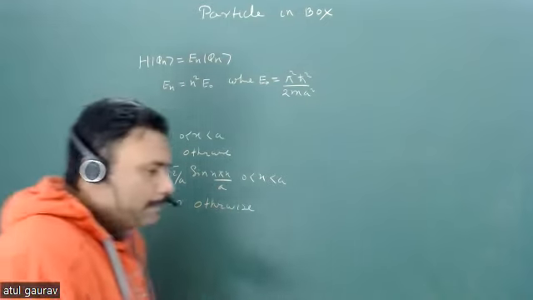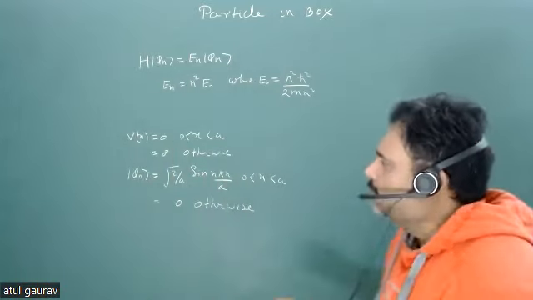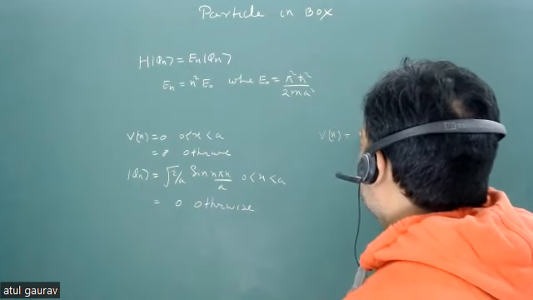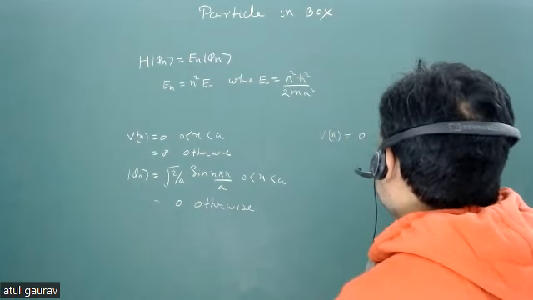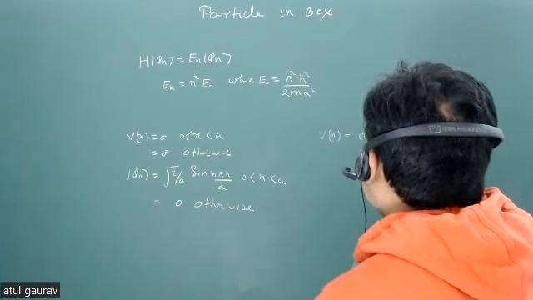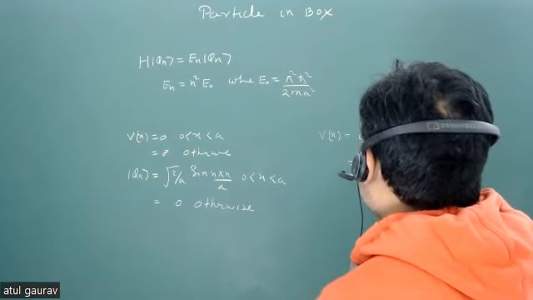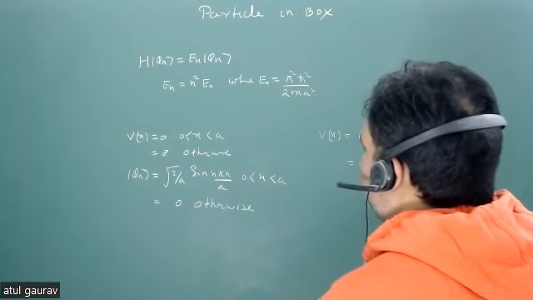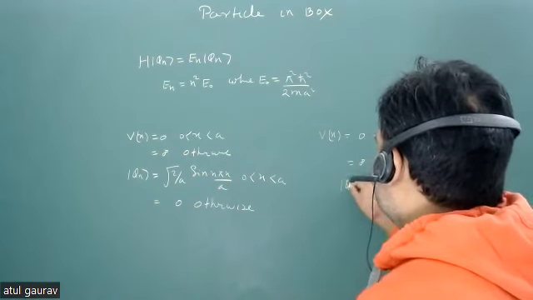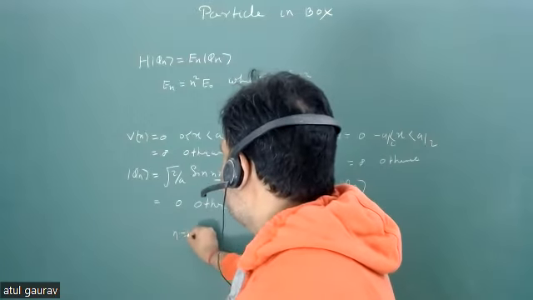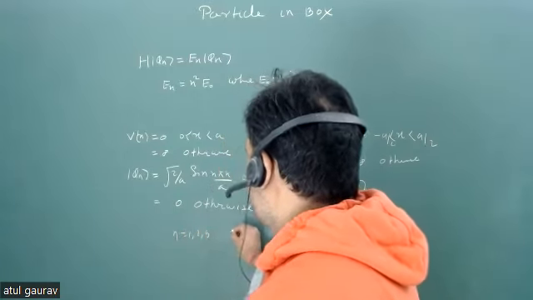And if the potential Vx is equal to 0 when x is between minus a by 2 and plus a by 2, and infinity otherwise, we have two types of phi n, where n is 1, 2, 3 and so on.